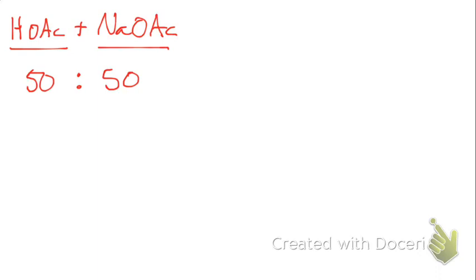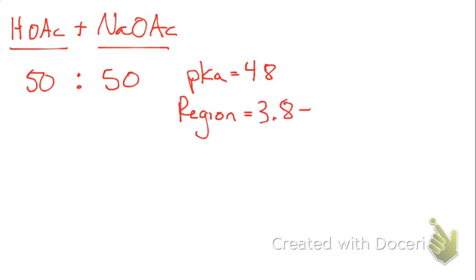The pKa is 4.8 for acetic acid. So when the pH is equal to 4.8, we are at our maximum buffering capacity, which is great. We also have a region of buffering, which is plus or minus 1 of your pKa. So this is a very good buffer between a pH of 3.8 and a pH of 5.8.